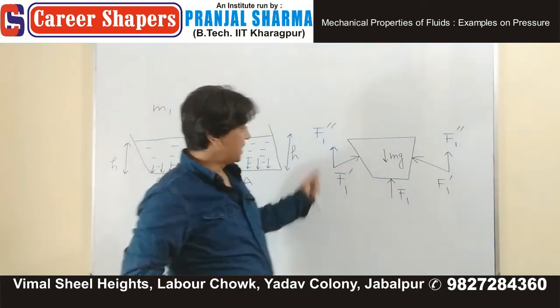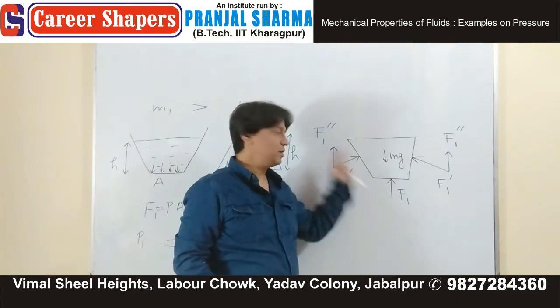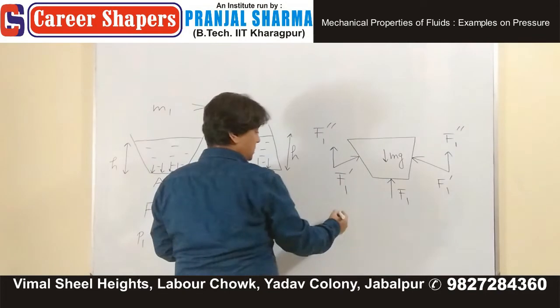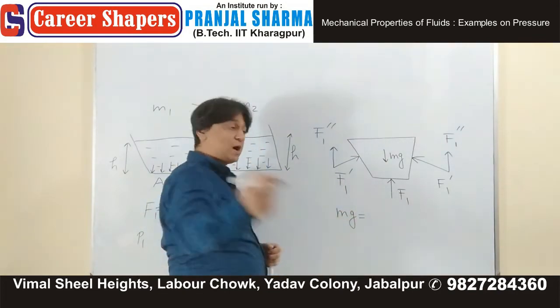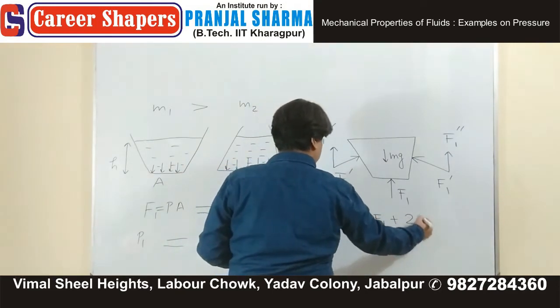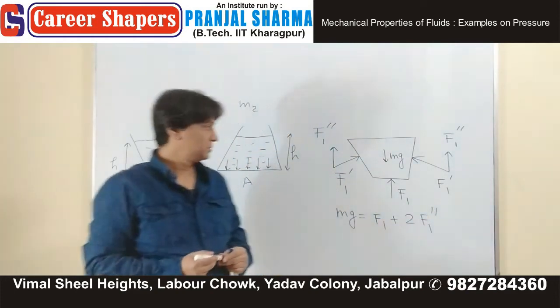If you say that the vertical component of F1 dash is F1 double dash, then for the first one, weight mg is being balanced by F1 as well as 2F1 double dash.